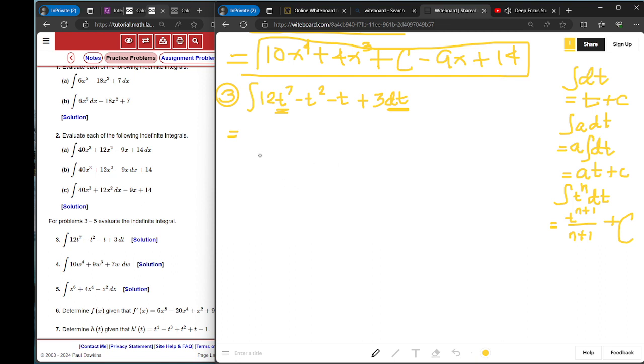So let's start. Now, again, we can rewrite this as the integral of 12t to the 7 dt, then minus the integral of t squared dt, minus the integral of t dt, plus the integral of 3 dt.